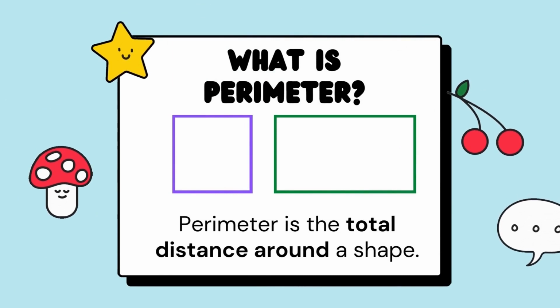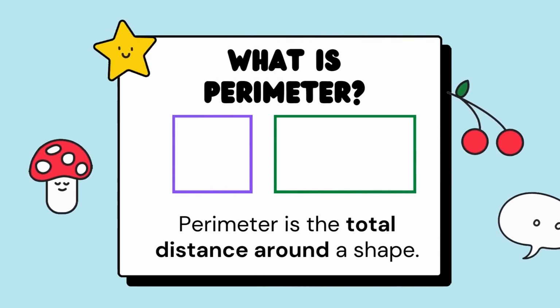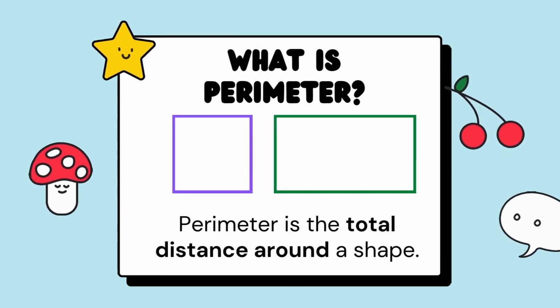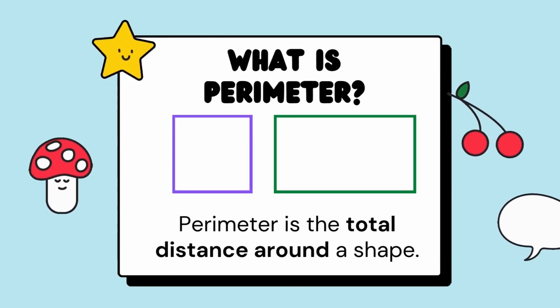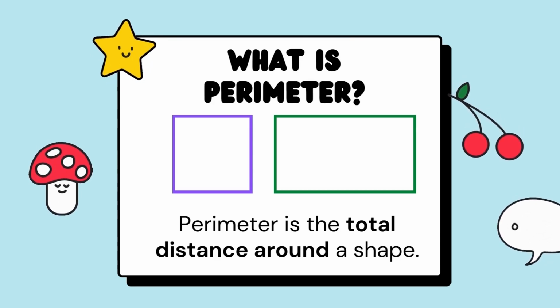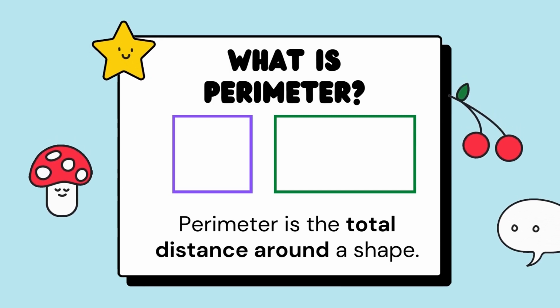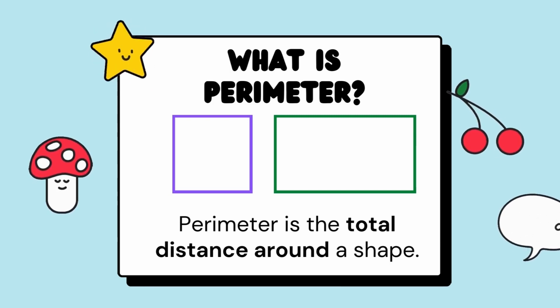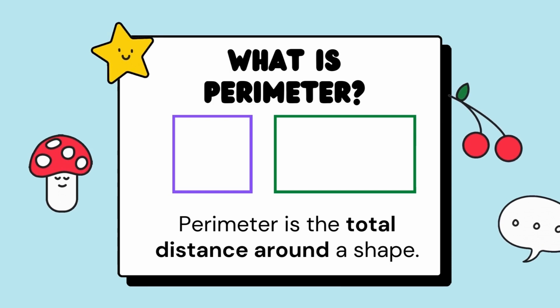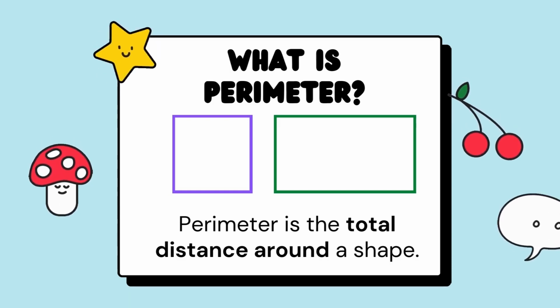Okay, just a quick recap. What is perimeter? If area, as we talked about in the previous lesson, is the space inside the shape, perimeter is actually the total distance around the shape. We want to find out the total of the distance around that particular shape.